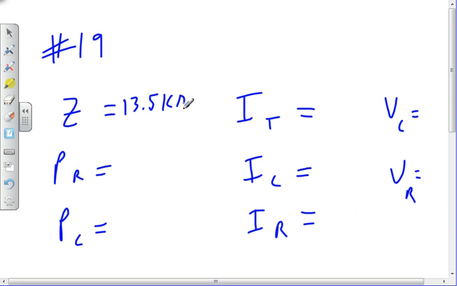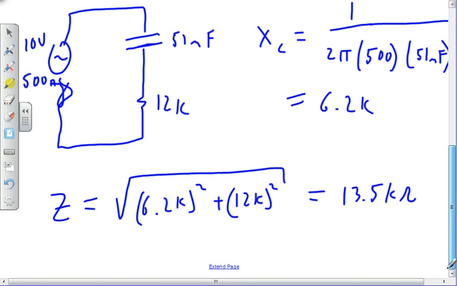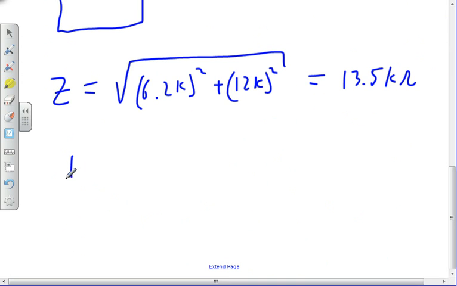13.5K ohms. We can write that up here. We want to know the total current. Current total is voltage divided by impedance.